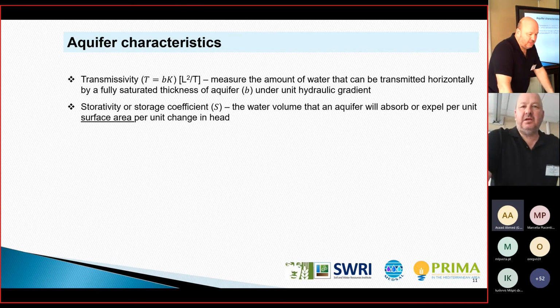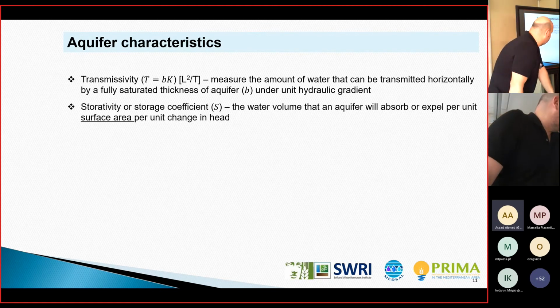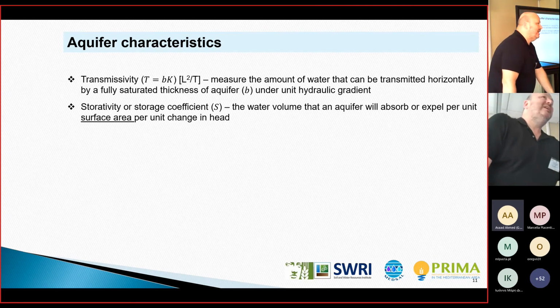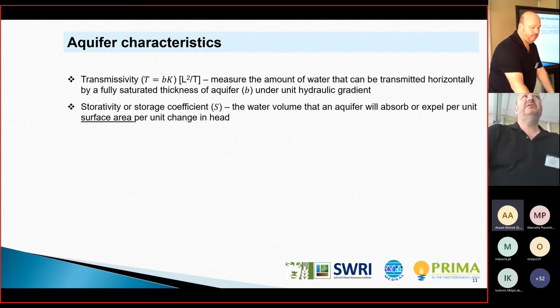Another important property is storativity, or storage coefficient. You can see that this is a dimensionless parameter. It is defined as the water volume that an aquifer will absorb or expel per unit surface area per unit change in head.